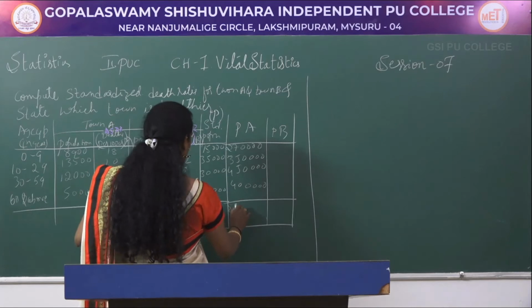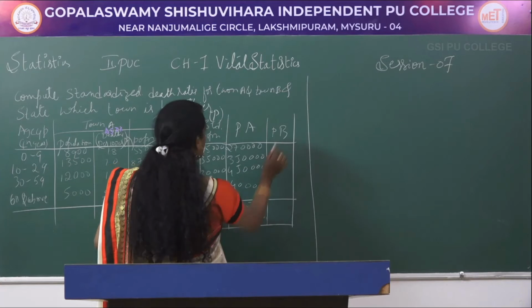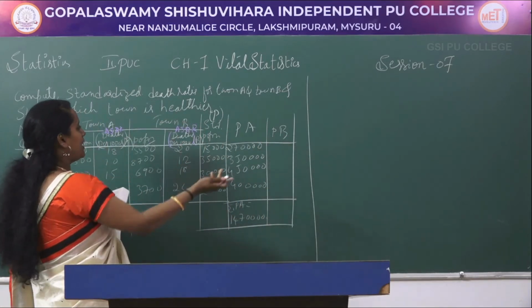And the total summation of PA is equal to 1470000.